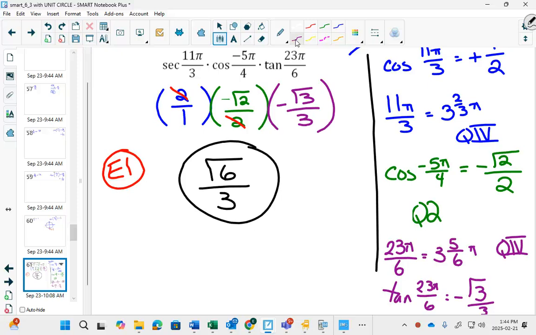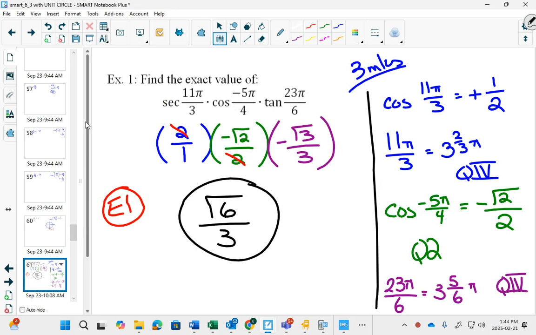Now on this unit circle practice sheet, part 1 and part 2 are relatively straightforward. Part 3, if you're only going to do part of this, I would say do part 3 and part 4, because they're more exam-like questions like this, okay?